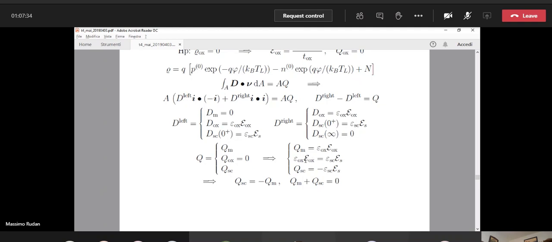And these two values of the field are in the inverse ratio as the dielectric constants of the two materials. If you consider silicon, the dielectric constant of silicon is almost exactly 3 times larger than the dielectric constant of the silicon dioxide.